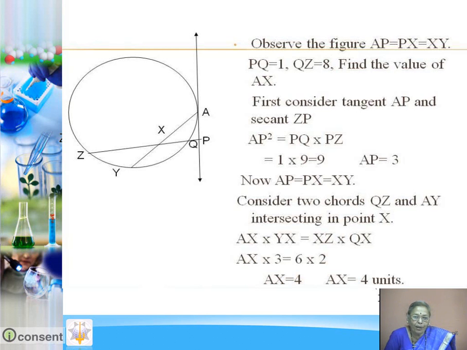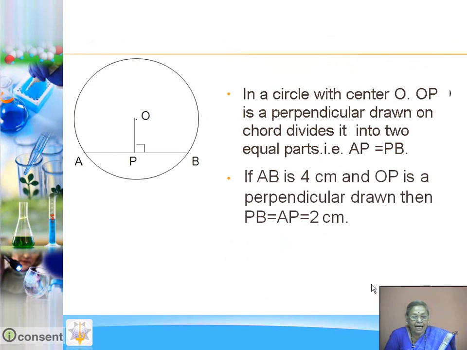Let us see the property of chord and the center of the circle. Here, the center of the circle is P and the chord is AB. From the center, a perpendicular is drawn to the chord.